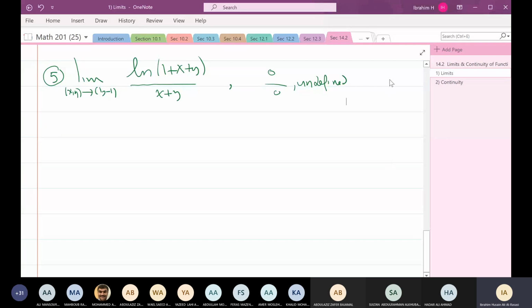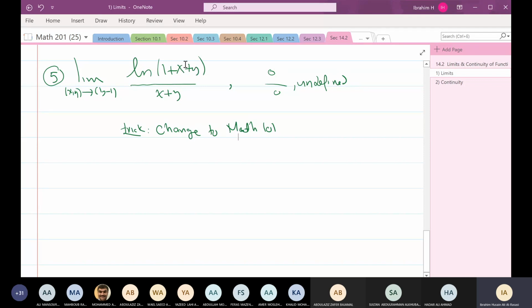The trick is the following. Still, I will use Math 101, but notice how. Change to Math 101. What do I mean by this? Notice the function here. The denominator is x plus y, and the numerator also contains x plus y.